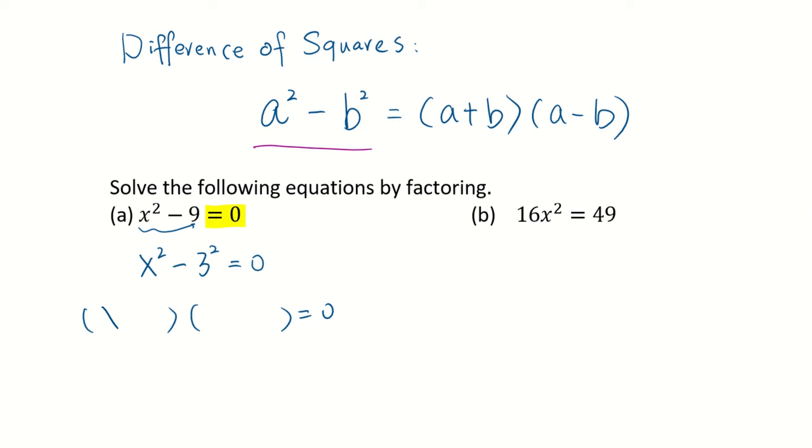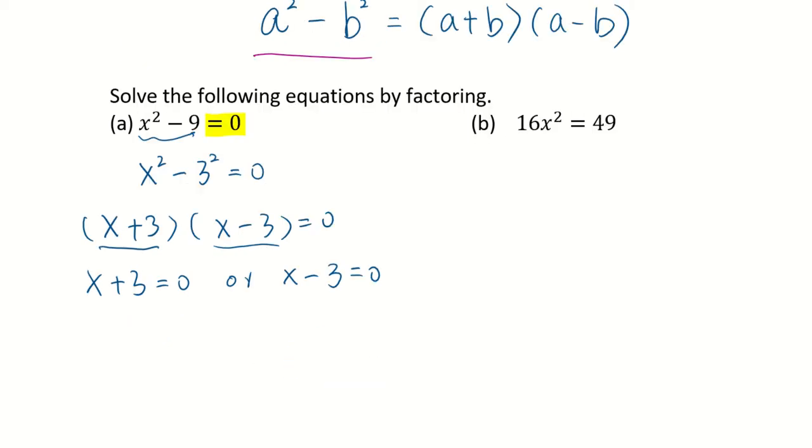It becomes x plus 3, which is a plus b, right, times x minus 3, which is a minus b. Now this equation is in the form of one number times the other number equals 0. By the zero factor theorem, we can write either the first factor is equal to 0 or the second factor, x minus 3, is equal to 0.